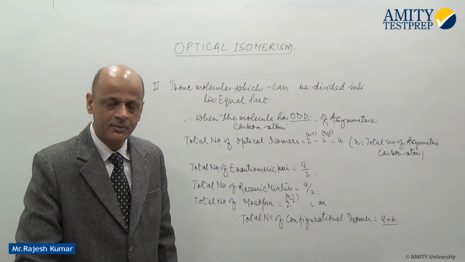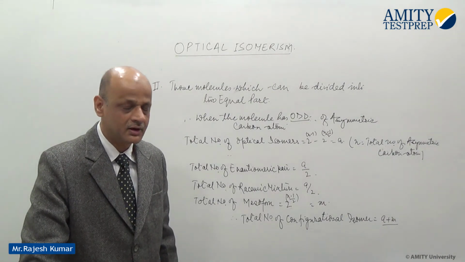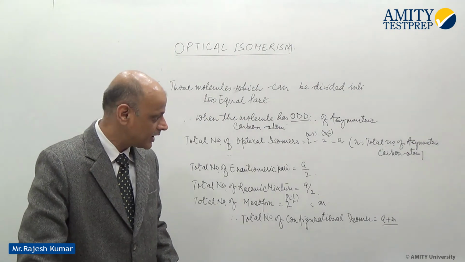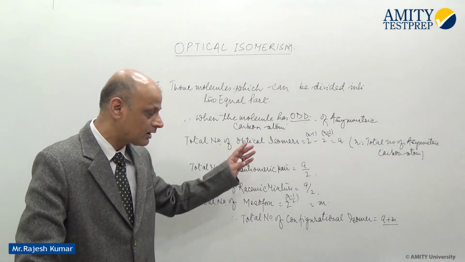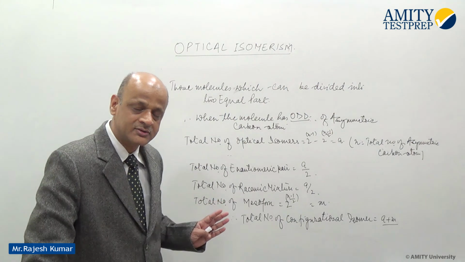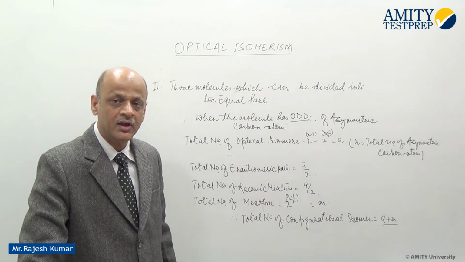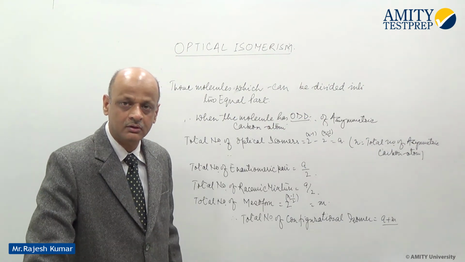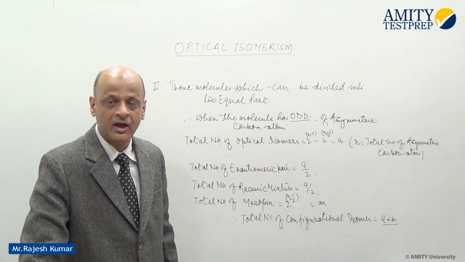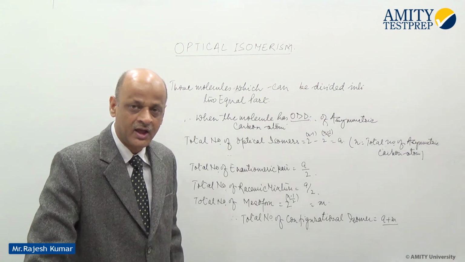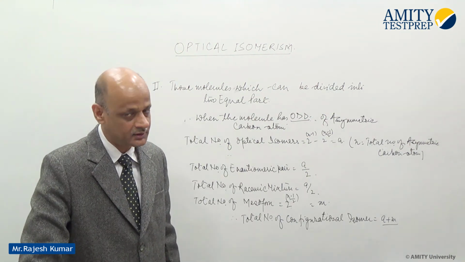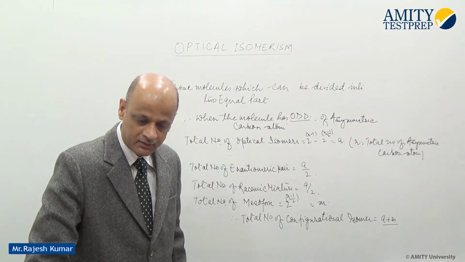So the total number of optical isomers has been changed when the number is odd, and also when the number is even. In this way, we can count the total number of configurational isomers as well as optical isomers and mesoforms by this method.